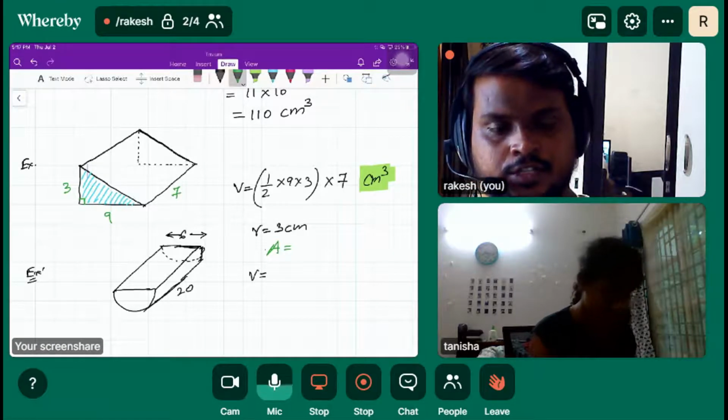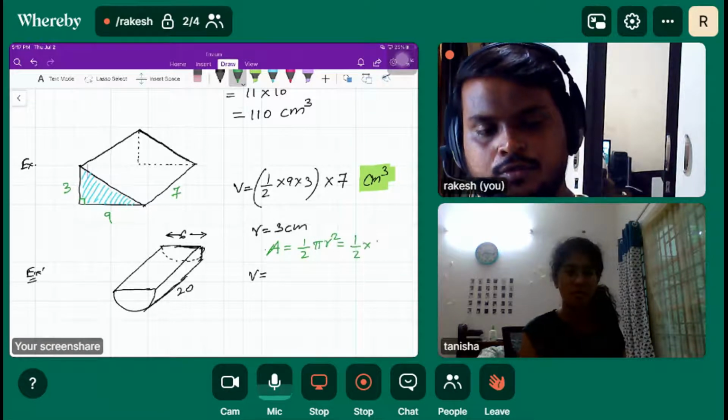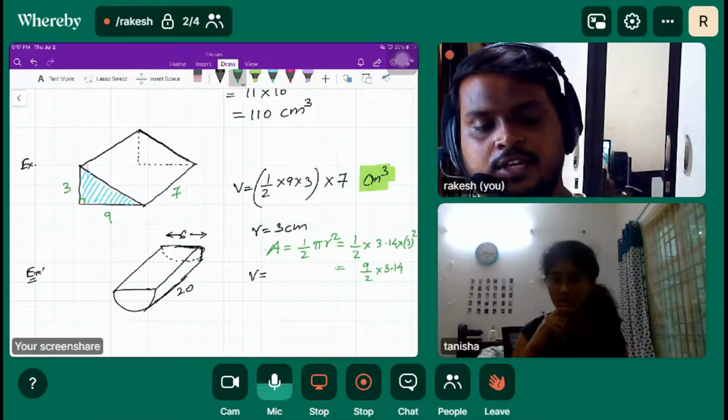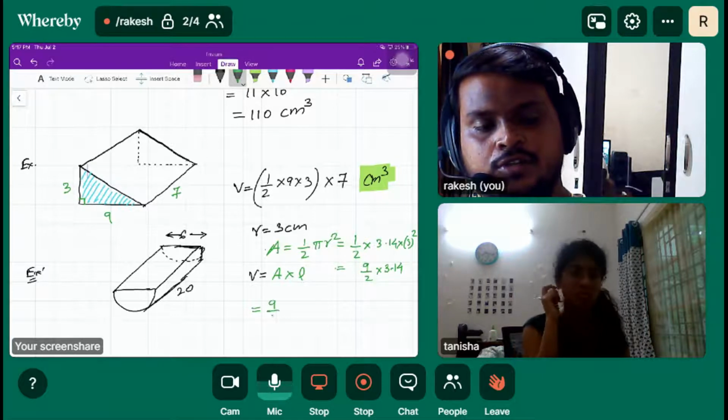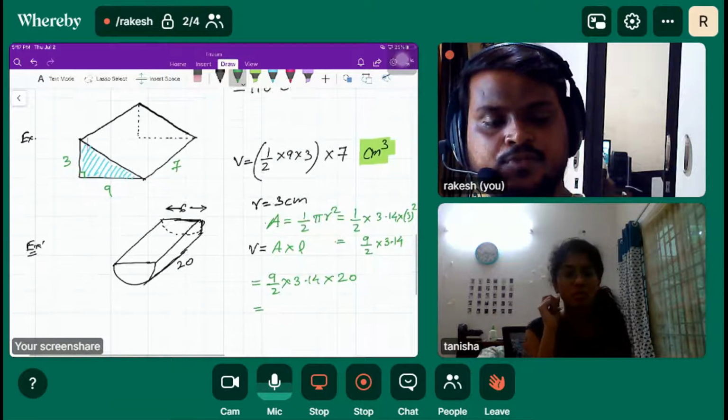Centimeter cube, sorry. So area is basically 1 upon 2 pi r square. So 1 upon 2 into 3.14 into r is 3, so 3 square. So we can write it like this, 9 by 2 into 3.14. And the volume of this is cross section area into length. So 9 by 2 into 3.14 into length 20, right?